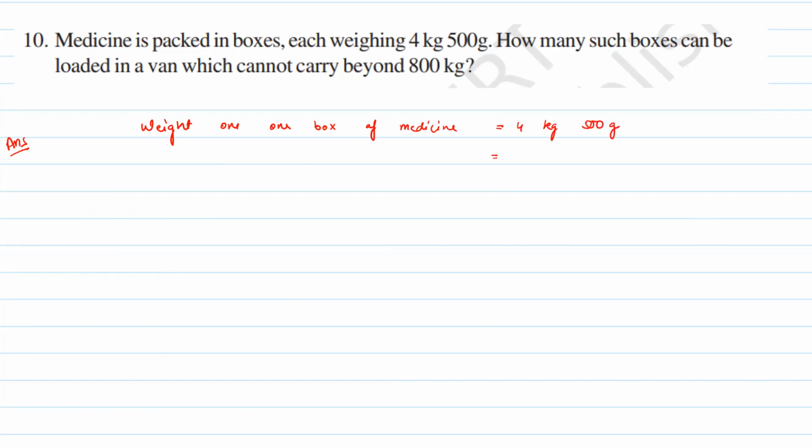Let's convert it into gram only. We know that 1 kg is 1000 grams, right? So 4 kg will be 4000 grams. So it will be 4000 plus 500 grams, 4500 grams. Now we have a weight the van can carry.